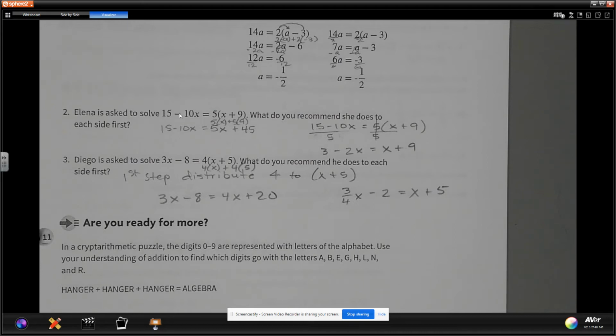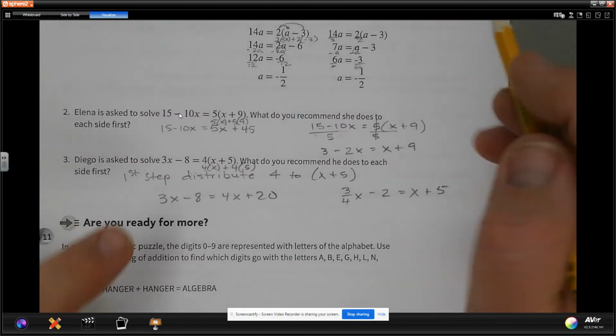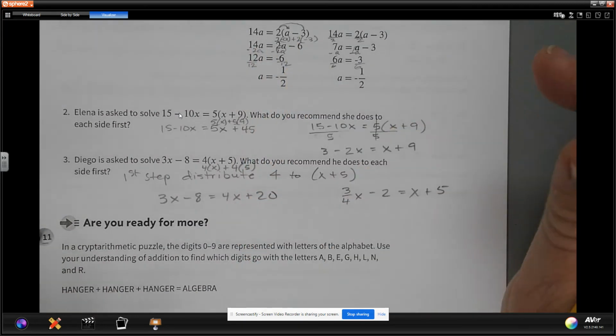A lot of little things that I brought in there and a lot of new steps. I'm hoping that this is following, and that you recognize what's going on in each of these steps. The idea with this lesson is that we're able to start simplifying what we see. So an equation tells us that two expressions have equal values. The expression on the left, the expression on the right. That's the difference between an expression and an equation.